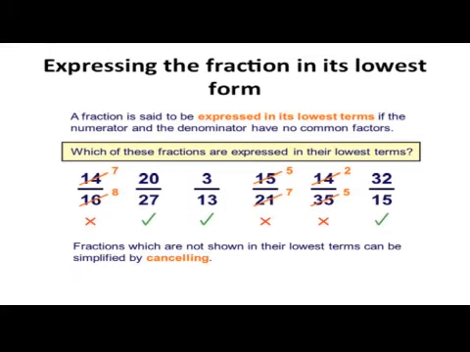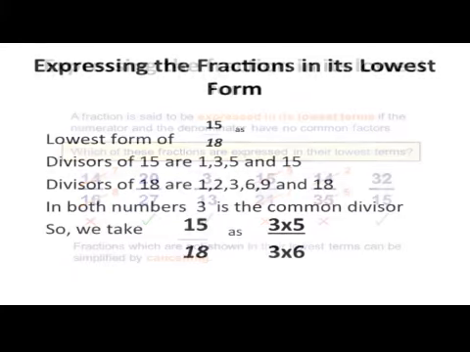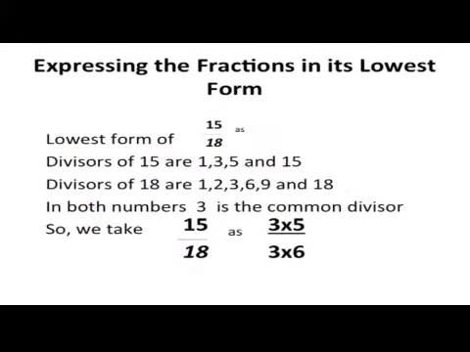Expressing the fraction in its lowest form. Now consider 15 by 18. We are going to find the lowest form of 15 by 18. Divisors of 15 are 1, 3, 5 and 15. Divisors of 18 are 1, 2, 3, 6, 9 and 18.